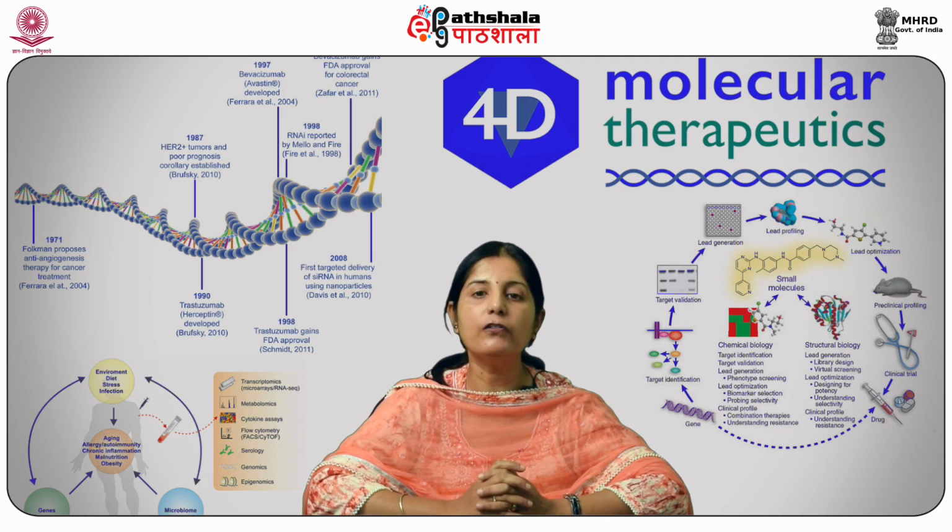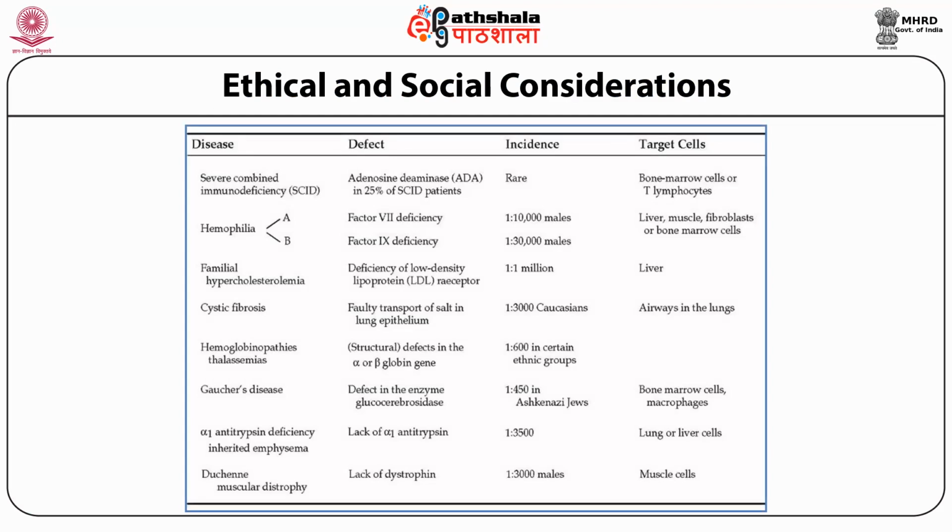Will the high cost of gene therapy make it available only to wealthy people? Could the widespread use of gene therapy make society less accepting of people who are different? And should people be allowed to use gene therapy to enhance basic human traits such as height, intelligence, or athletic ability?